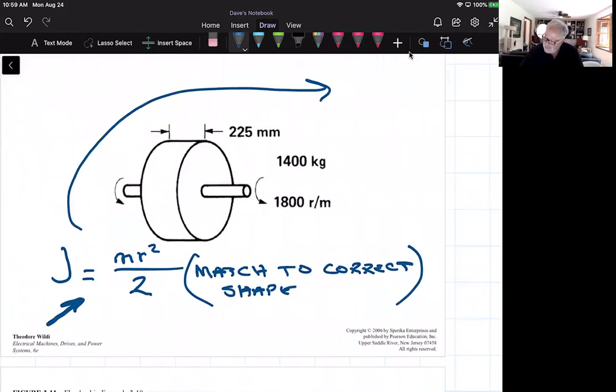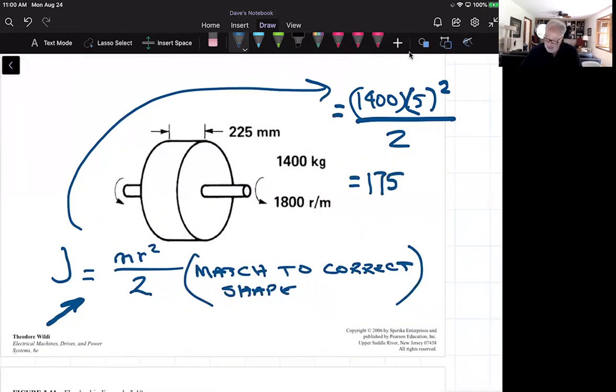The mass of this is 1,400, and the diameter is 1 meter, so the radius is 0.5. That is squared. Of course, I want to square the 0.5 first, multiply it by 1,400, divide by 2. And as you can see in the textbook, we get 175.